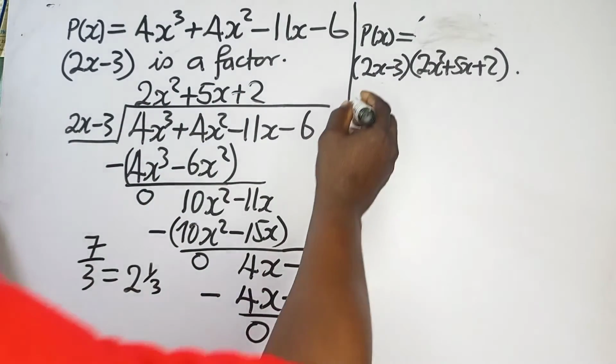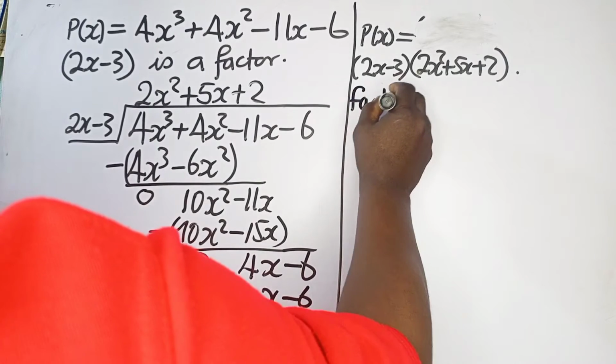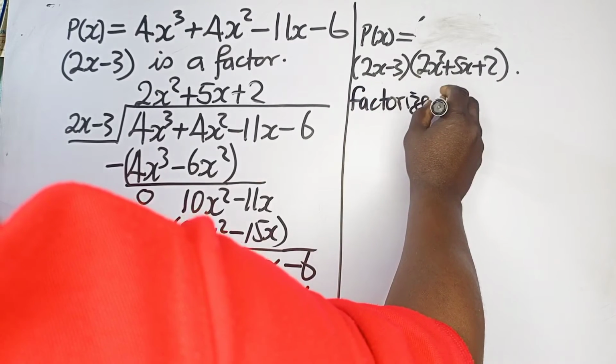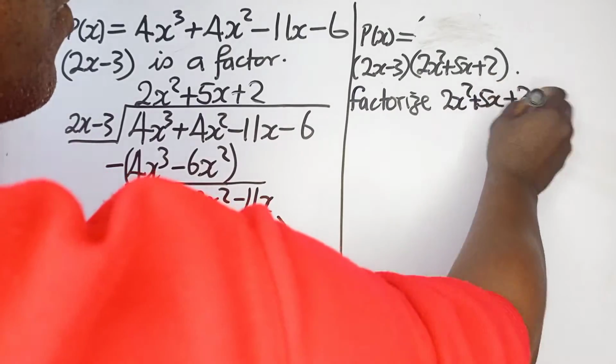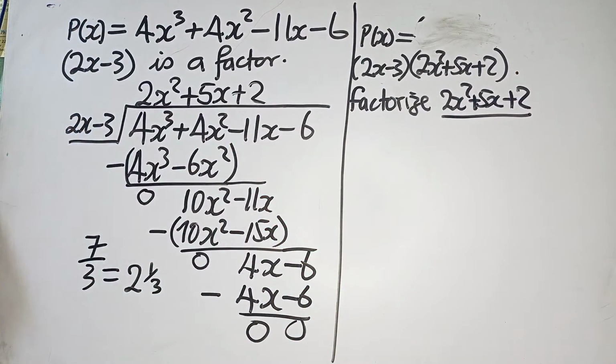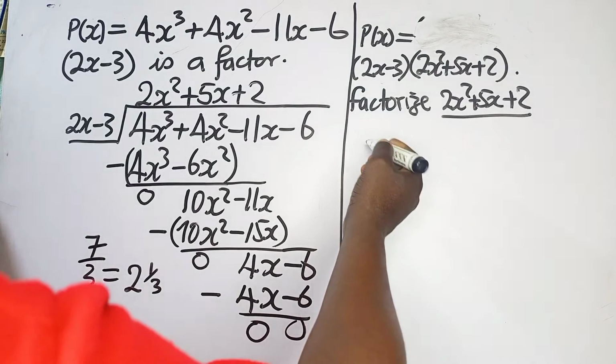All right, so now we want to factorize 2x squared plus 5x plus 2. We want to factorize that. You can use the quadratic formula, just like you can use the factorization method. All right, let us use the factorization method, for example.